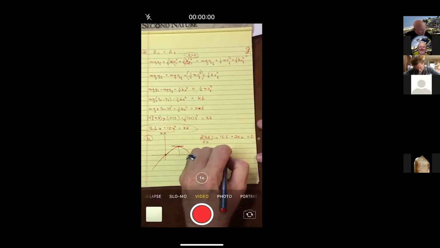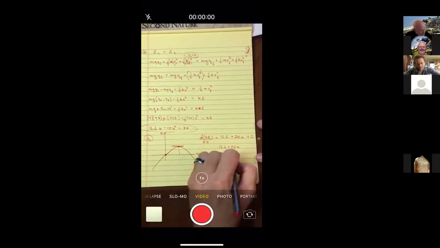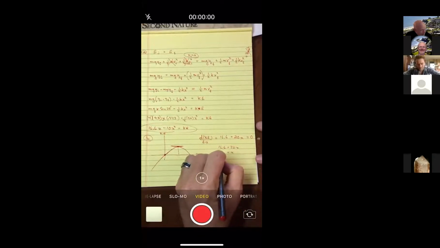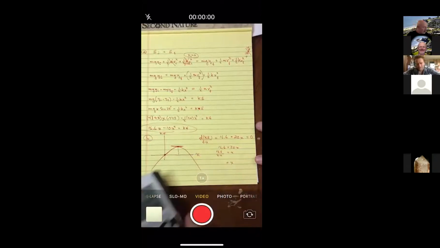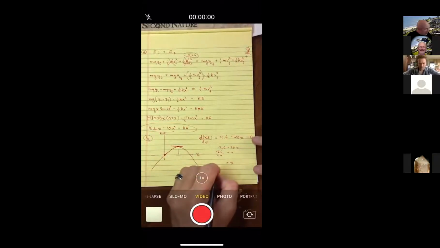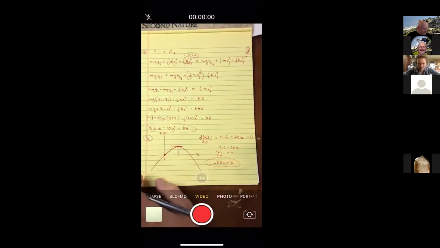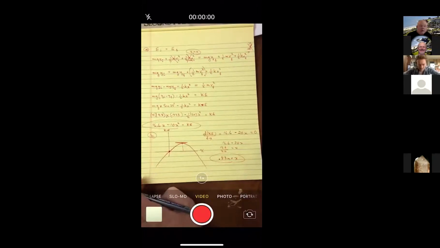So 16.6 equals 20x, or 16.6 over 20 is the location. So 16.6 divided by 20 gives me 0.83 meters. So that's the location where it is its maximum.